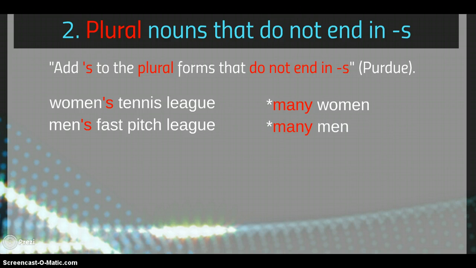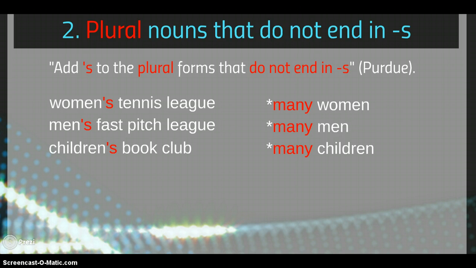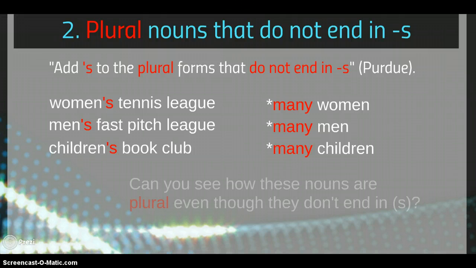We have many men, so we're going to add an apostrophe S after the plural form of the word men. The Children's Book Club. Again, we have many children, and we're talking about the plural form of the word child, so we just need to add an apostrophe S after the word children to show the possession. Can you see how these nouns are plural even though they don't end in an S?